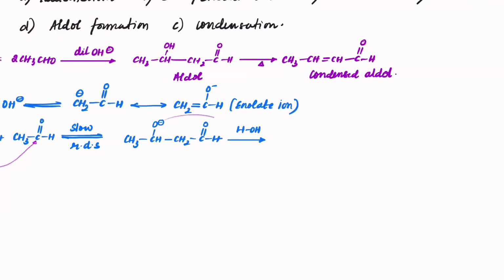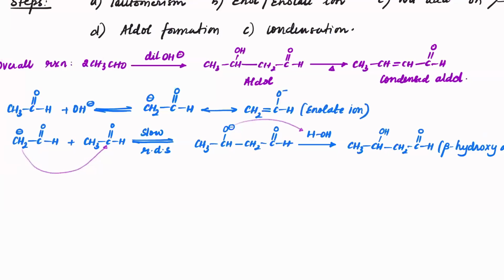This will take H plus from water and convert into CH3CHOH CH2 C double bond OH. So what we got here is a beta hydroxy aldehyde, which is an aldol.